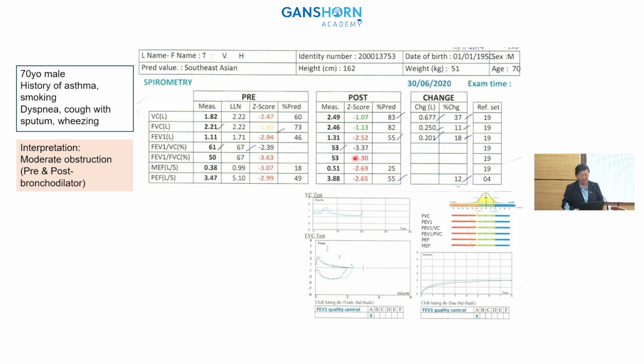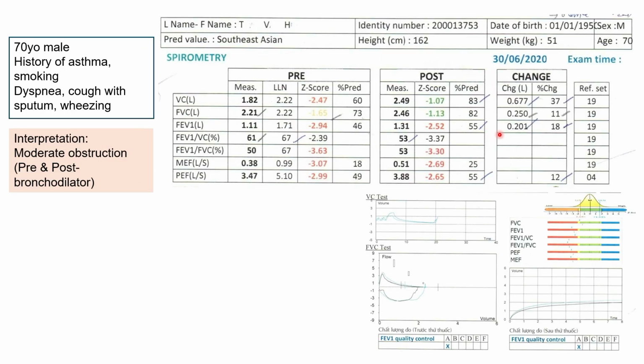But the problem is, if you use the ATS criteria, you see that there is a positive bronchodilator test. So it will be very confusing for us.